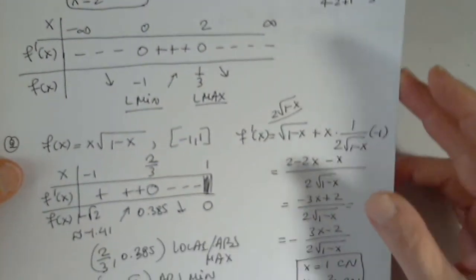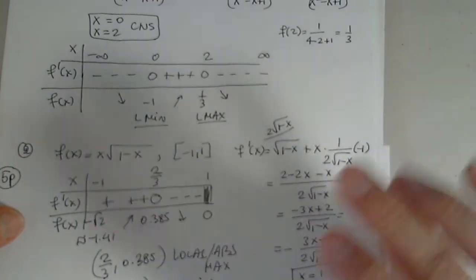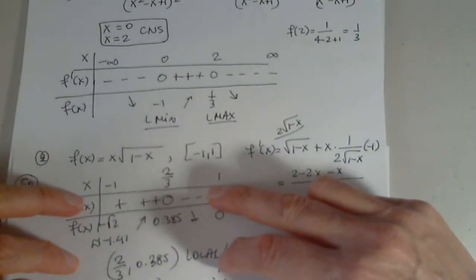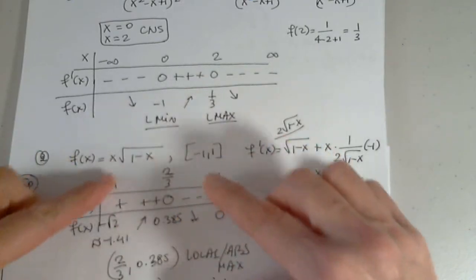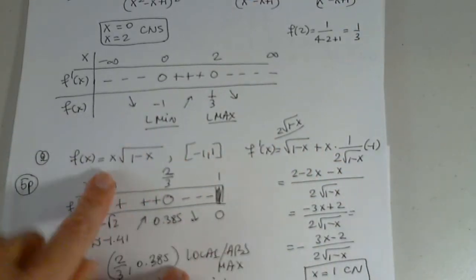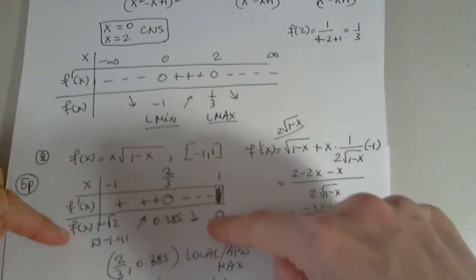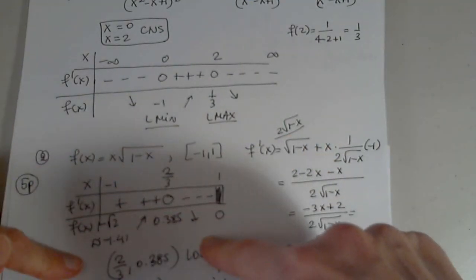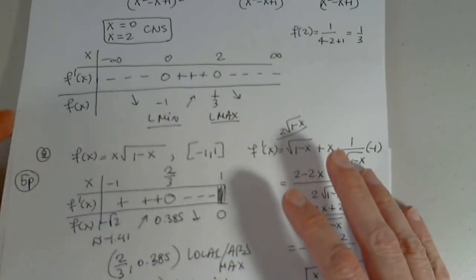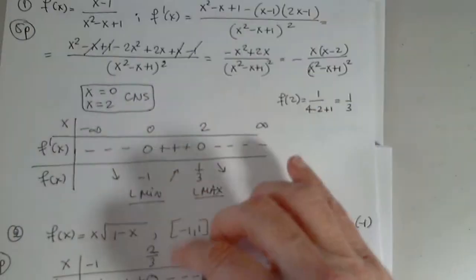Completely acceptable, great job. That's fine if that's what you want. I prefer to put the function in the middle, because I want to read from both top and bottom at the same time, not have to jump over. So that's why I put the function in the middle and first derivative and second derivative. You invented something else, completely acceptable, well done. But you have to use a table.